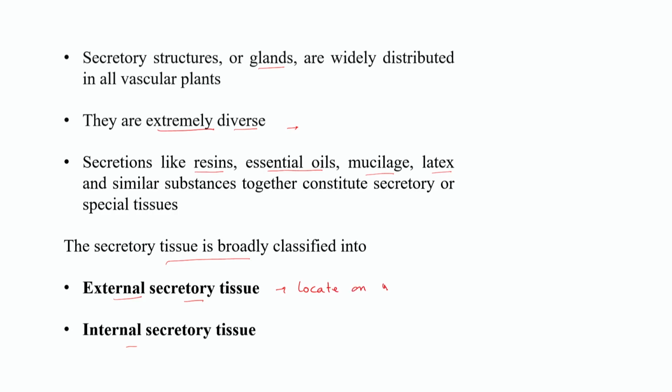or they will be located on the epidermis, or within the epidermis, or between the epidermal cells. These secretory tissues could be there, or just below the epidermis.